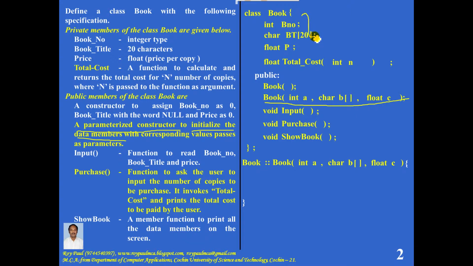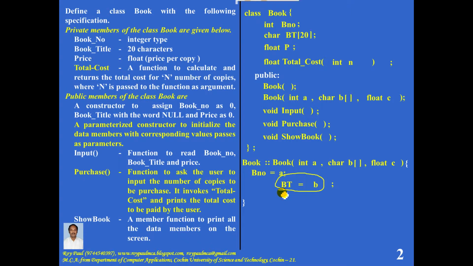So these data members must be initialized. How? With corresponding parameters. So this data member should be initialized using the parameter A. Book number is equal to A. The second data member should be initialized using the parameter B. Yes. So book title is equal to B.